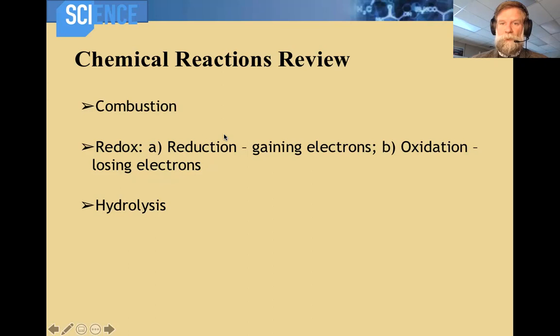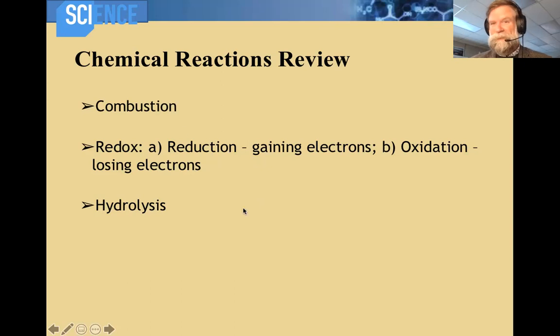So combustion, we know that one well. That's how we generally talk about cellular respiration: burning glucose in the presence of oxygen and producing CO2 and H2O. A redox reaction is one that involves the reduction of a compound, reduction meaning adding electrons to something, and then oxidation means losing electrons. And so photosynthesis is a redox reaction.